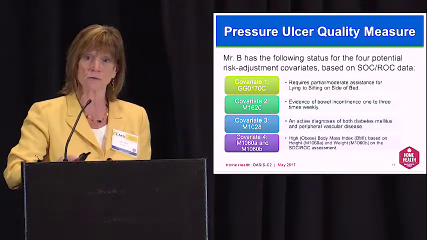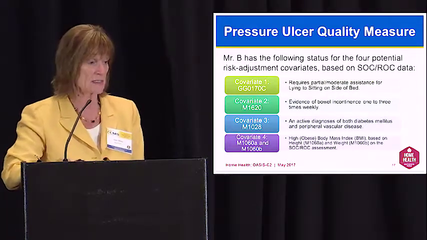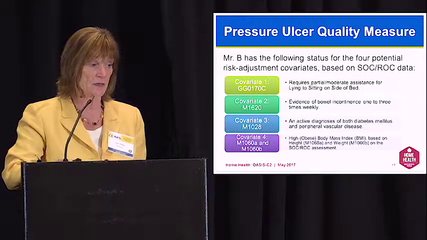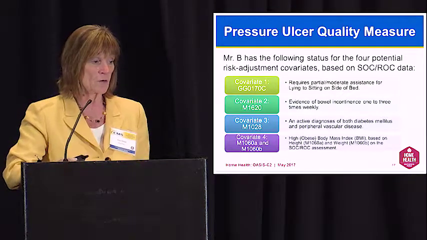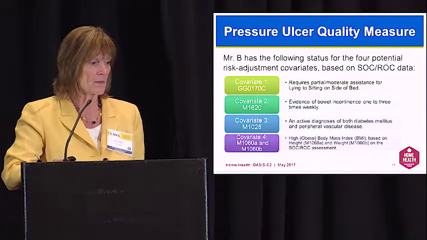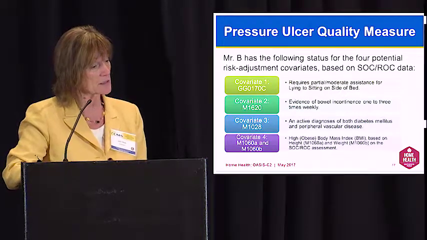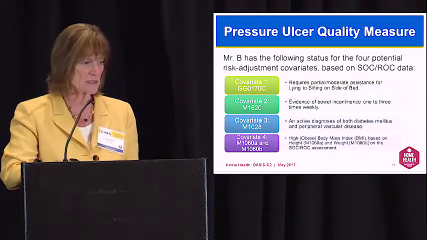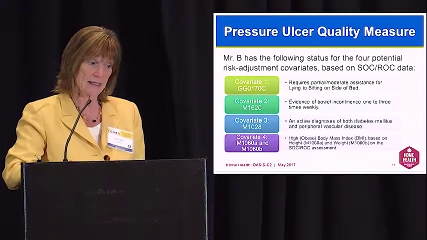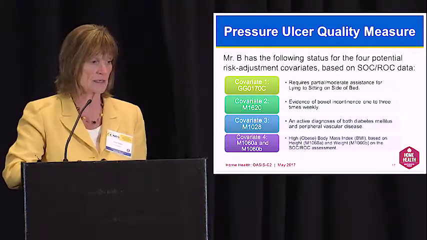So when we look at Mr. B, think about covariate 1 being GG0170C, which requires partial moderate assistance for lying to sitting on the side of the bed, and covariate 2, which was M1620, the bowel incontinence, covariate 3, M1028, which was the active diagnoses, the diabetes and the peripheral vascular disease, and covariate 4, the high body mass index that he had based on his height and his weight on the SOC-ROC assessment.